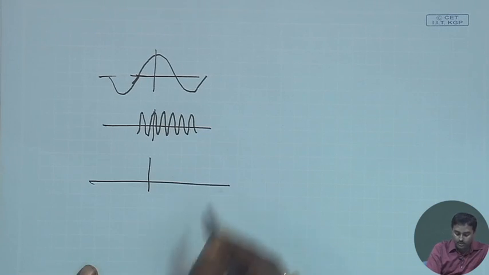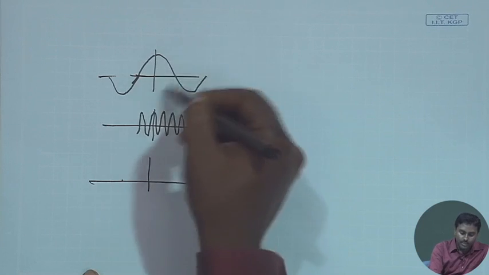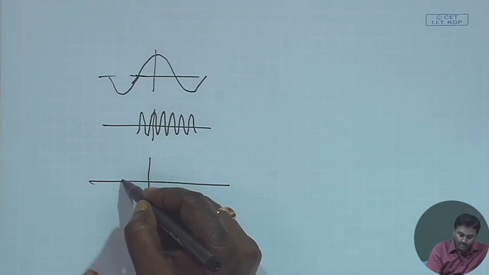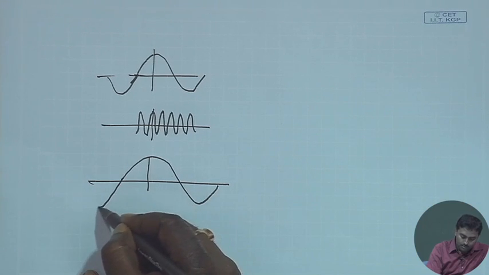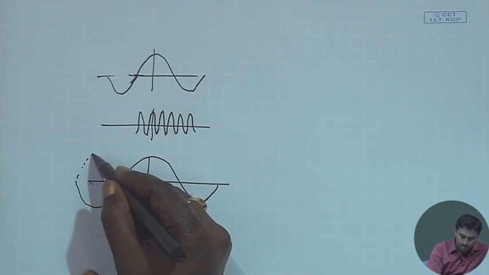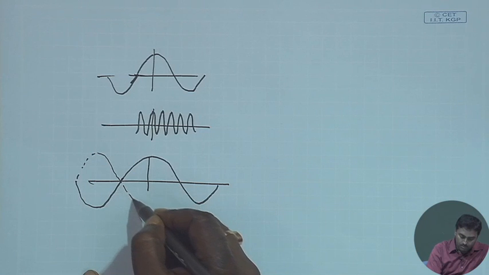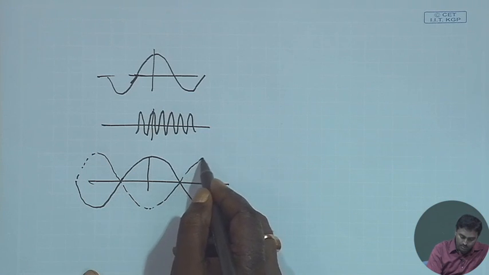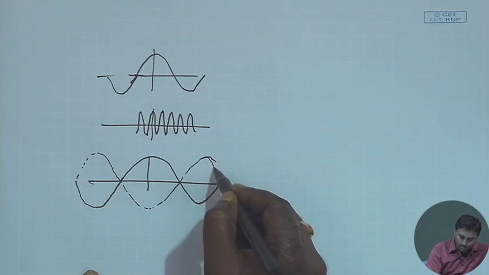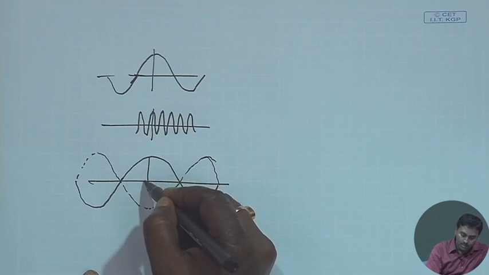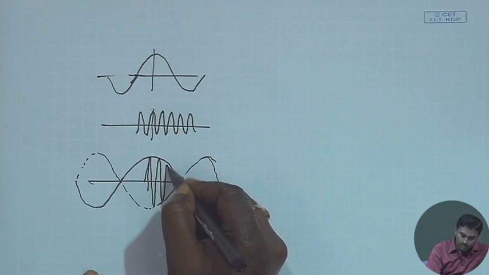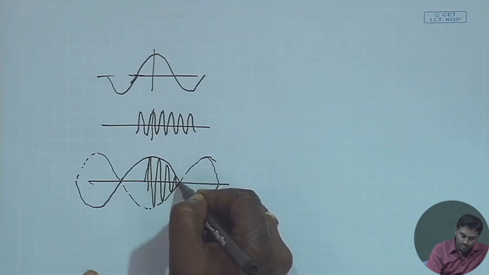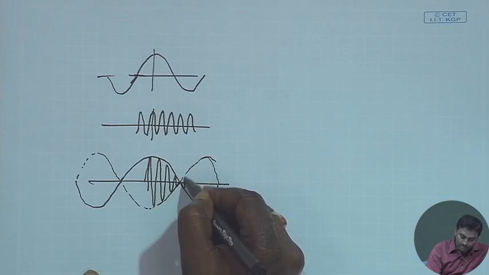Whenever you modulate, what we see becomes the envelope. So it should be something like this, and the envelope must have similar representation in the positive and negative half, and inside with omega c frequency, and there should be a phase reversal.